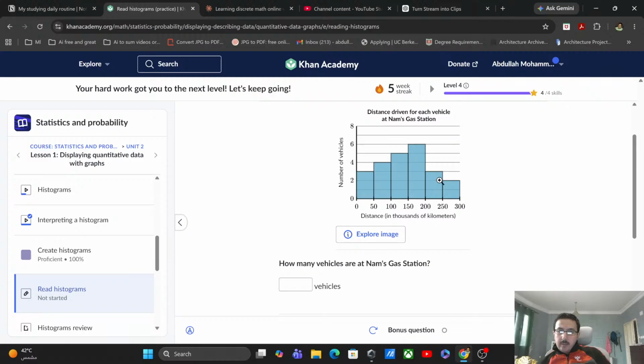Wait, this is 3, and this is 2. Okay, 2, 3, 5, and 6, 11, and 7 are 18, and 4 is 22, and 3, 25. 25 vehicles.